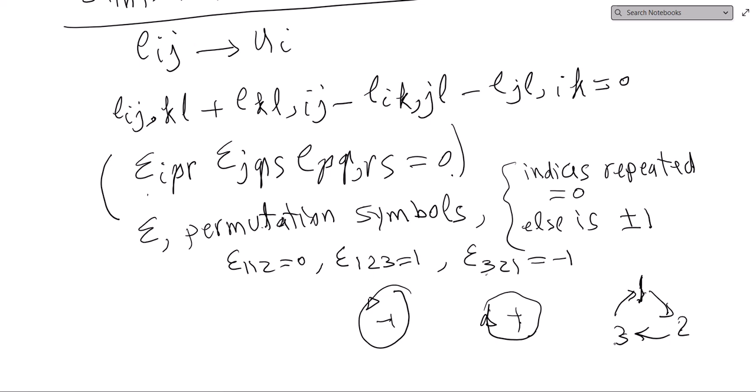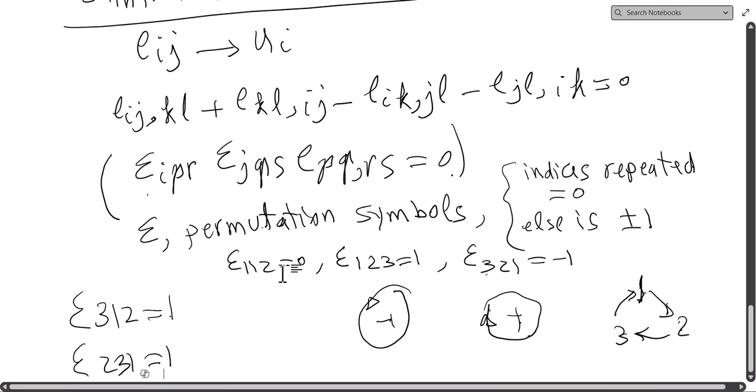But 1,2,3 is +1. 3,1,2 is 1. 2,3,1 is 1, and so on. If you have higher dimension, so if you have, I don't know, 10 indices, there is another rule, well, there's a guideline actually to give you this value, but this is the property, and then you can write it.